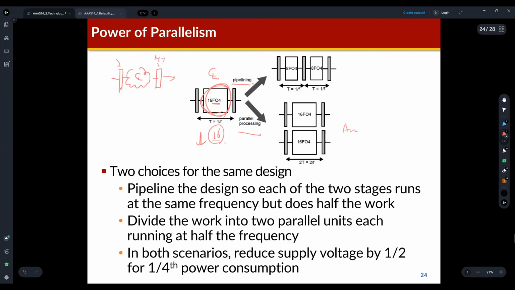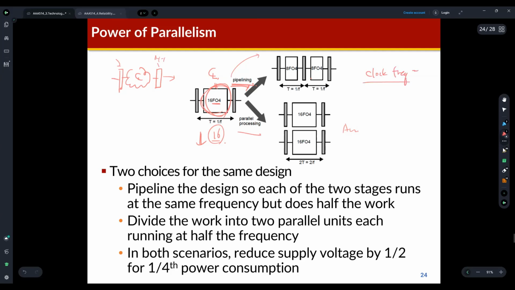And then with pipelining, we can divide this combinational logic into two parts. Okay, so what is the benefit of this pipeline? In order to achieve the same performance, the clock frequency is the same.